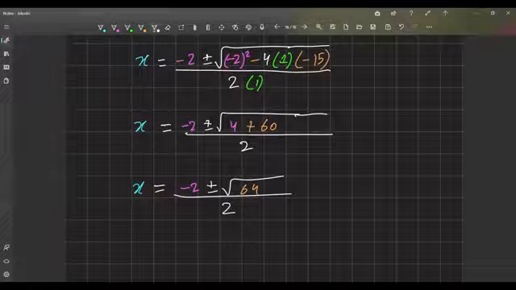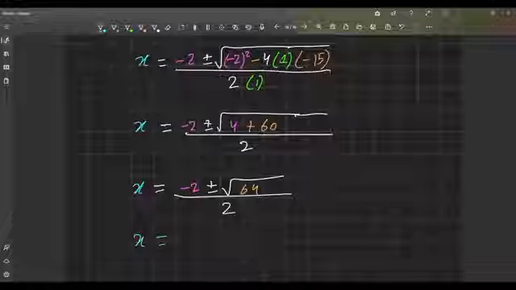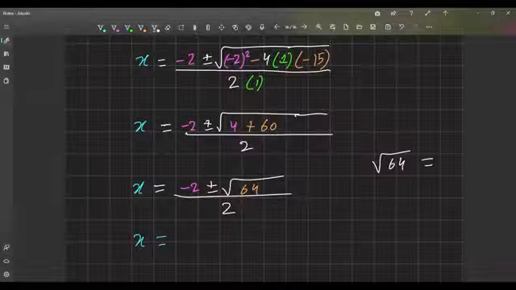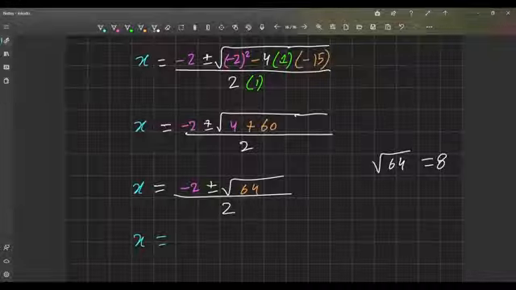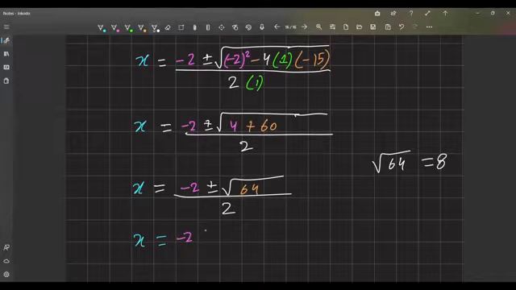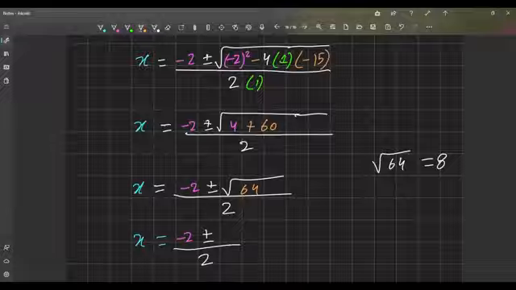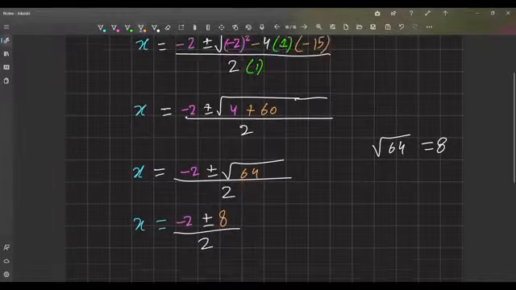Now we know that under root 64 is equal to 8, so this would be equal to negative 2 plus minus 8 over 2.